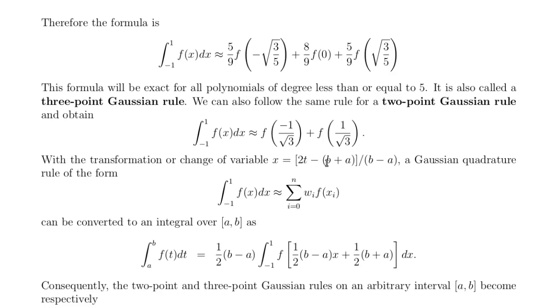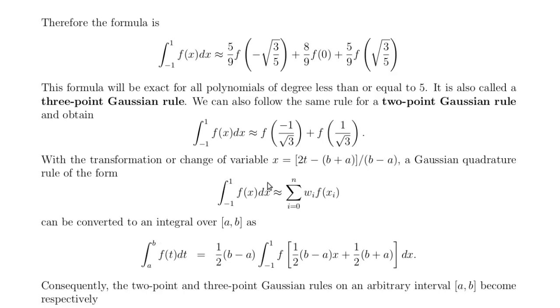Now we have a minus b, which is negative (b minus a). Then we cancel b minus a. It gives us negative 1. So you see that when t is a, x is negative 1, which is the lower limit of integration. And now if t is equal to b, you substitute 2b minus b is b minus a. b minus a by b minus a is 1, and it gives you the other limit of integration.